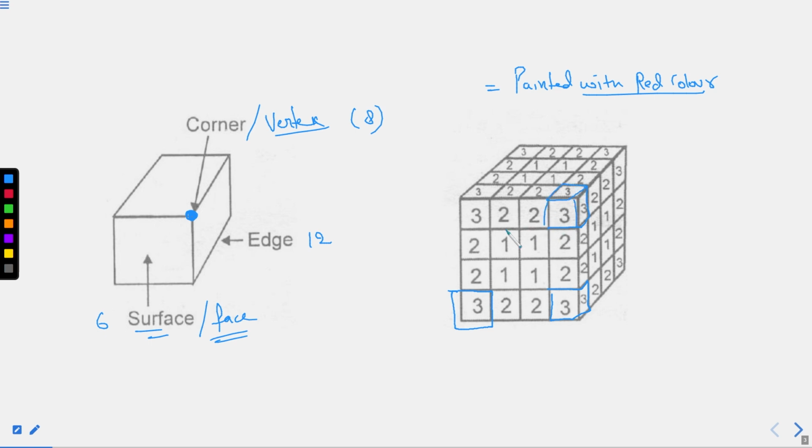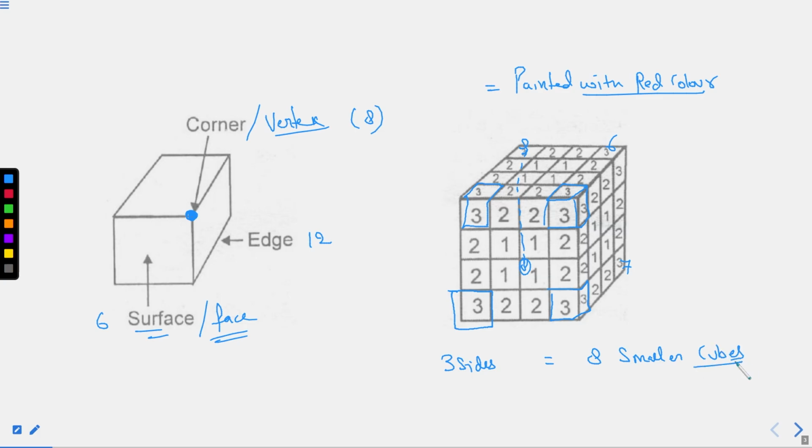You can see 2 here, 3 here, and the 4th one is here, right? Similarly, 5th one is here, 6th one is here, 7th is here, and the 8th is just below it somewhere. So how many smaller cubes will get all 3 sides painted? 8 smaller cubes.